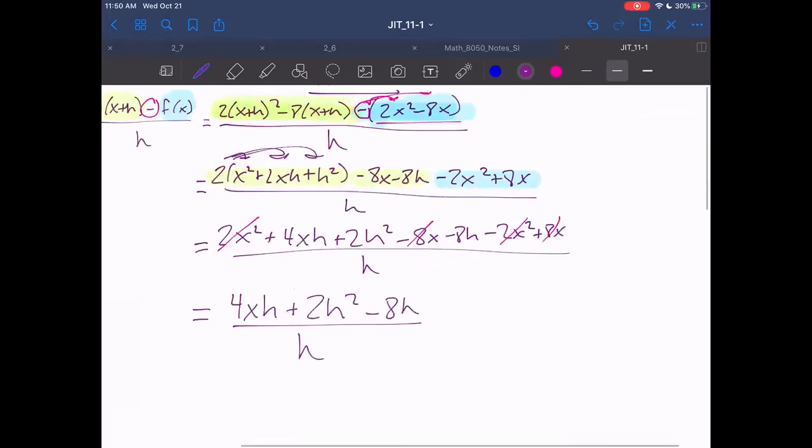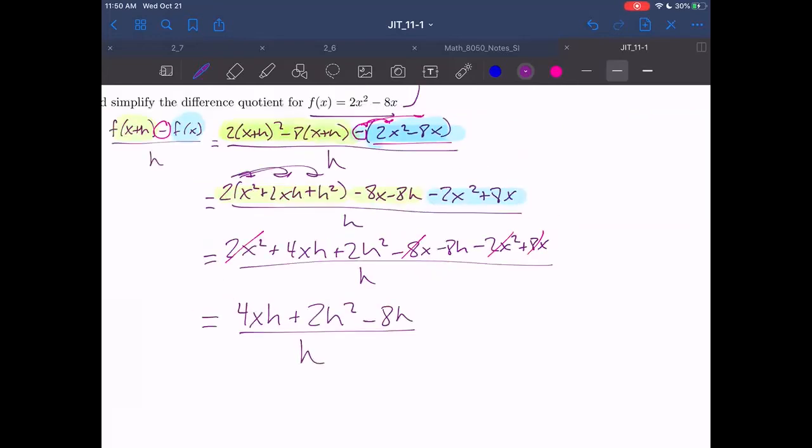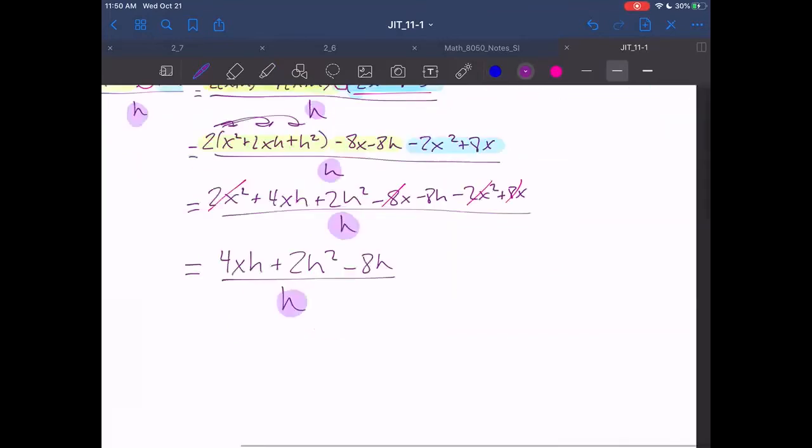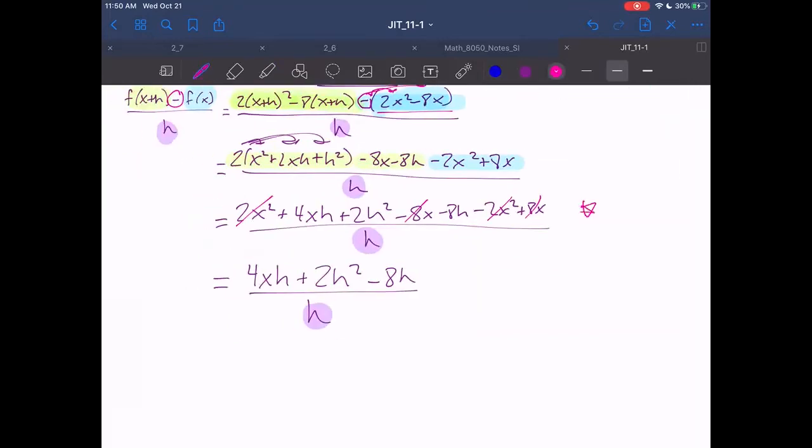When you're doing these, especially when you've got a polynomial, your goal is really to cancel this original h that we're given somehow. After you cancel, you get this step, which should have an h in every term. If you get down to this step and don't have an h in every term, you need to go check your step before this.